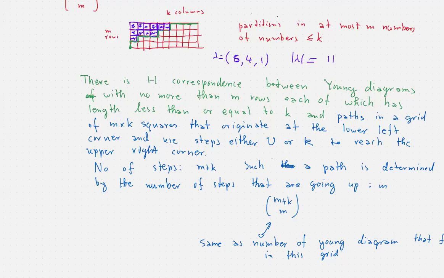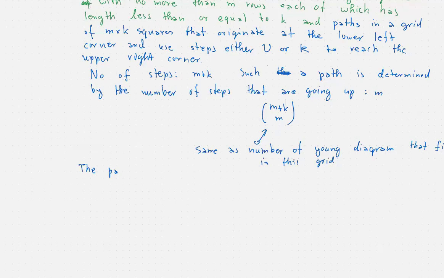So the partitions vary from partitions of 0 all the way to partitions of m times k.